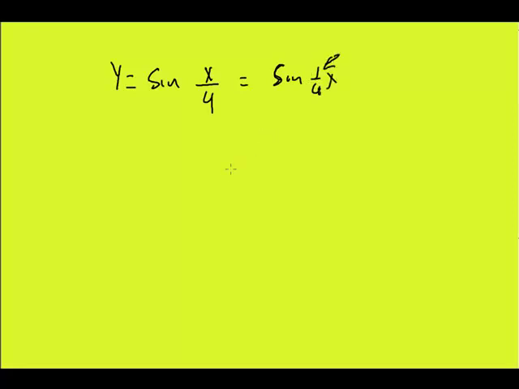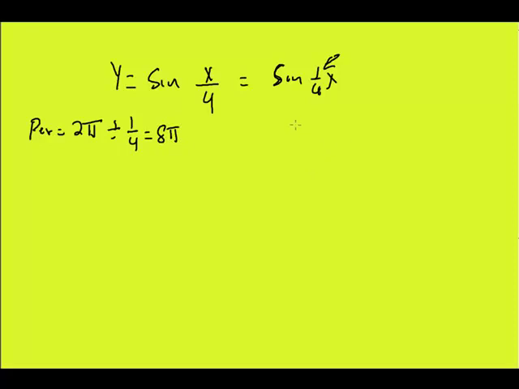This is known as the frequency. So the period is not the same anymore, it changes. So to find the period, you're going to take 2 pi. You always take 2 pi or 360 degrees, but we're doing it in radians, so you divide by 1/4. When I do that, that ends up being 8 pi right there.